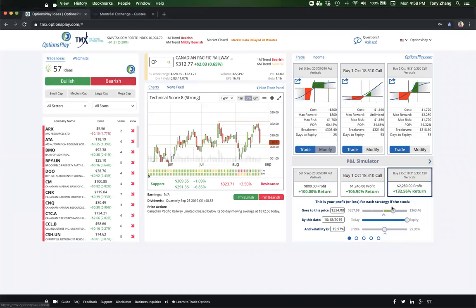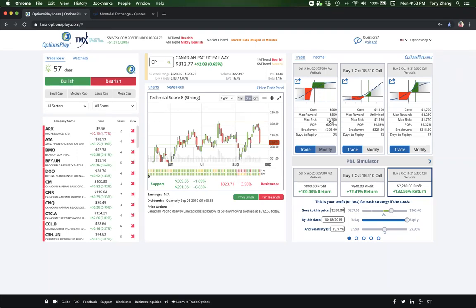Because the other aspect to remember here is that if the stock does rally significantly, let's say it rallies up to 330, as you can see, for the $1,700 that I've risked, here I can make $2,200 back. Versus here, no matter what happens, even if the stock goes up to 500, I'm still only going to make $800 profit.